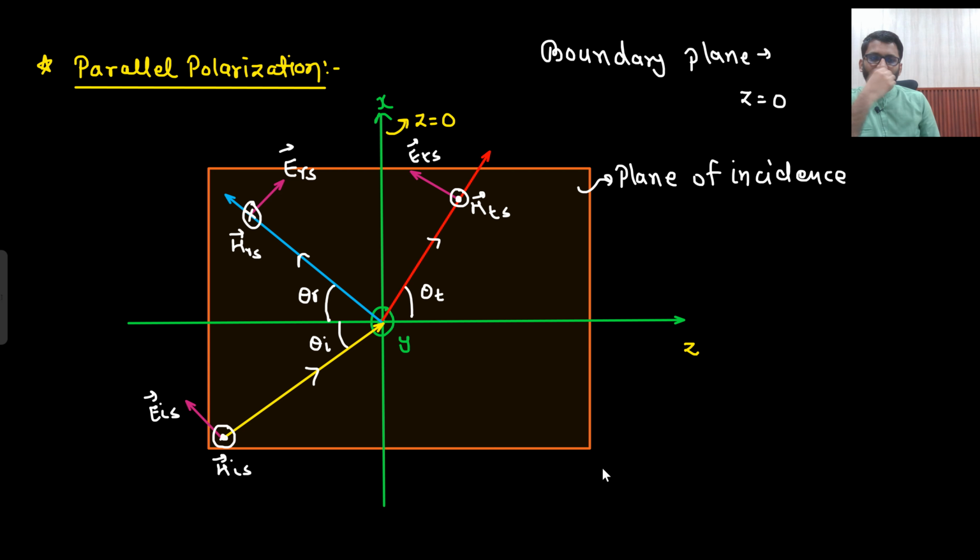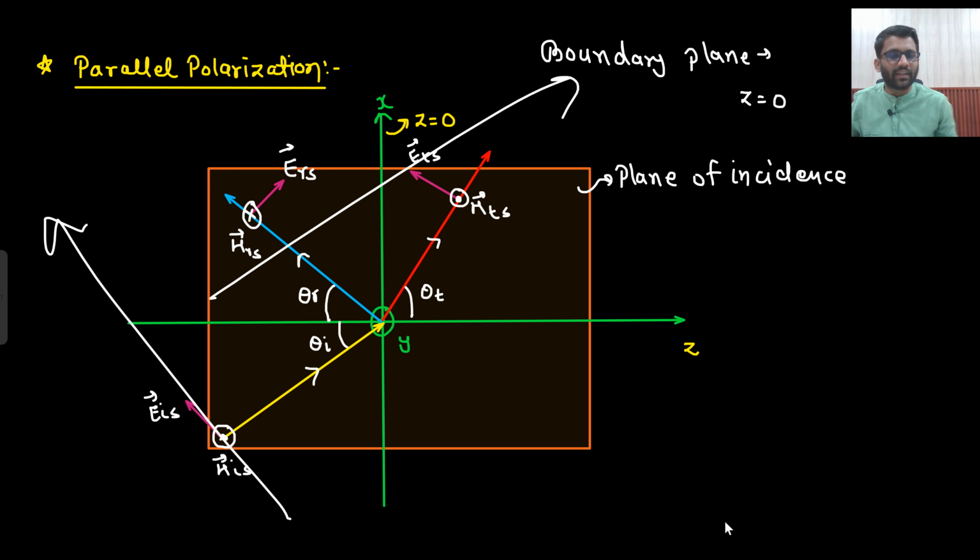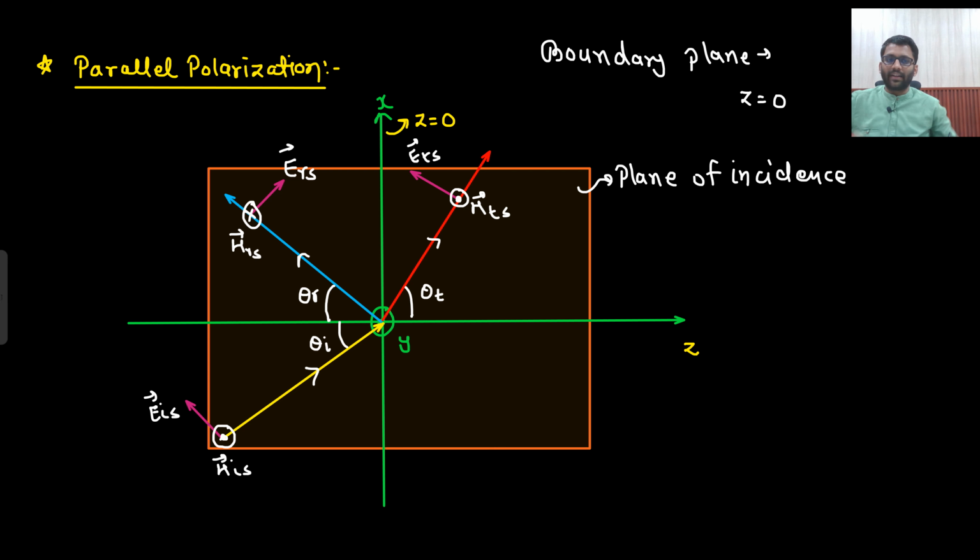So can you tell me what is the assumption we are making for deriving the formula? Can I say that EIS is equal to ERS? Is this the assumption? Certainly you can see here EIS is not equal to ERS because EIS is pointing here, ERS is pointing there. So how can you say EIS is equal to ERS? But one assumption I can tell, what is that? That the incident magnetic field and reflected magnetic field have the opposite direction.